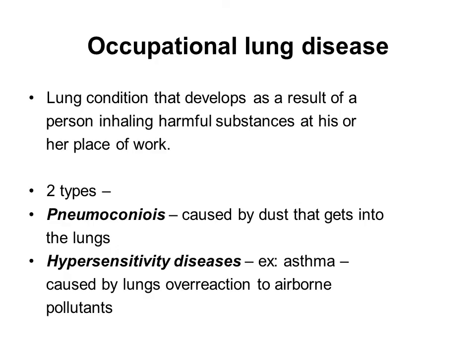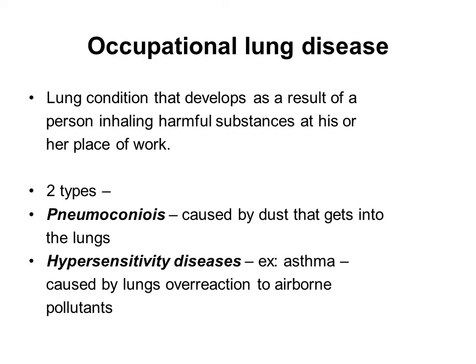Now, occupational lung disease. Lung conditions that develop as a result of personal inhalation of harmful substances at his or her workplace are known as occupational lung disease. It is primarily of two types. The first is pneumoconiosis and the second is hypersensitivity disease. Hypersensitivity diseases are like asthma. It is due to the overreaction of the lung to airborne pollutants.